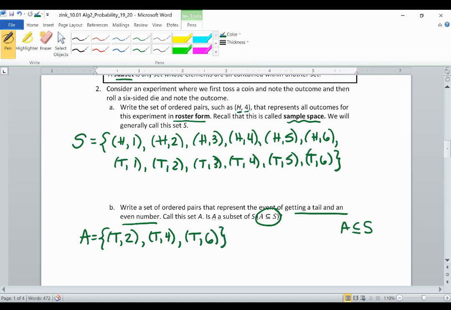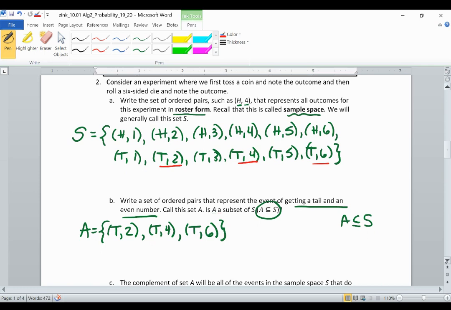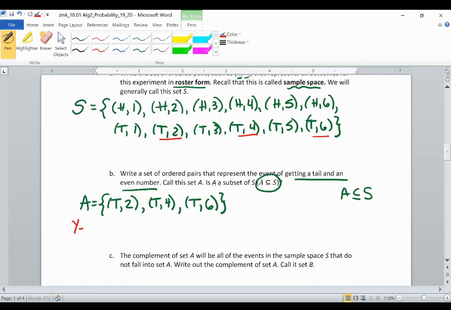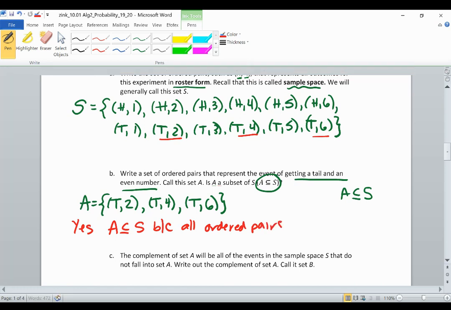So to decide if this is a subset of the original, we want to look to see if all 3 of these are included in our original sample space. So I see a T2, a T4, and a T6. So we would say yes, that A is a subset of S because all the ordered pairs are in S.